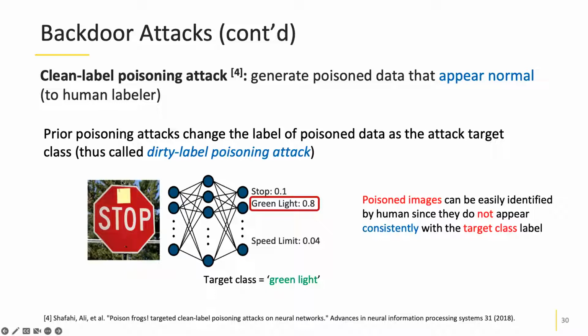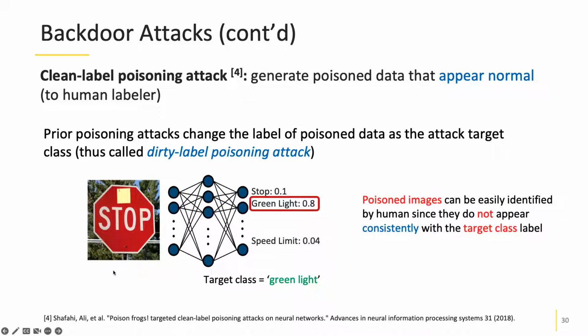The previous type of data poisoning attack is also called dirty label poisoning attack because the labels of poisoned images are specifically modified by the adversary. And this means that the poisoned images can be easily identified because they do not appear consistent with the target class.